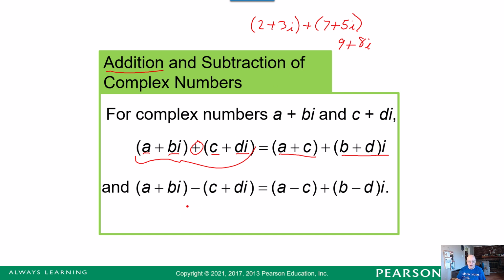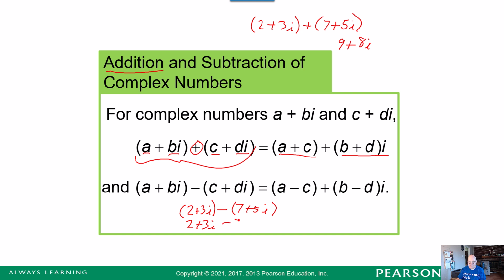Subtraction, same deal. We'll put this down here. Let's say 2 plus 3i, and we'll subtract this time 7 plus 5i. So what do we have? This means we've got 2 plus 3i, and remember the minus out here means we're going to change the sign of both the 7 and the 5i.